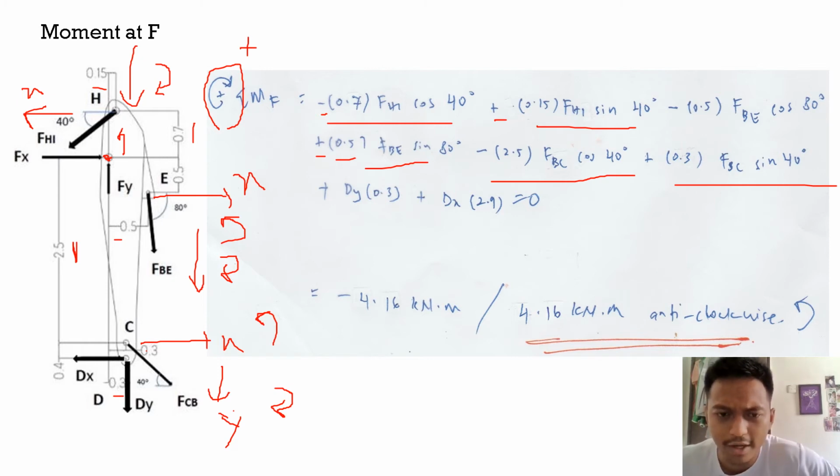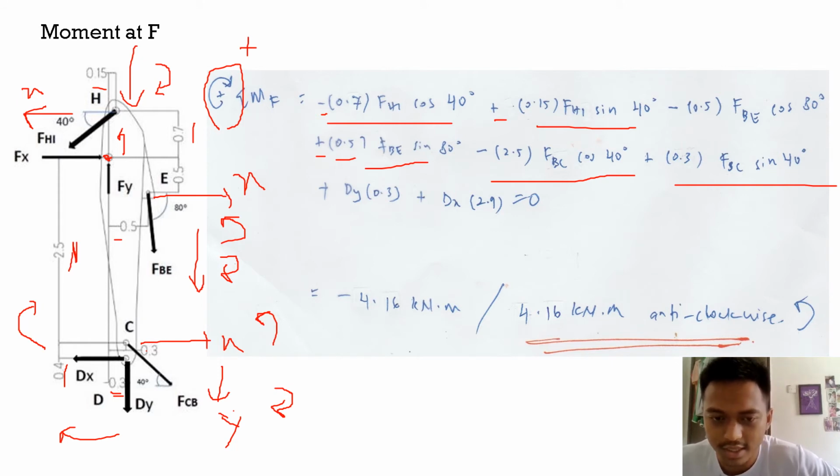For the dy, dy is going to rotate clockwise, so plus dy times 0.3 here. Okay, then for the dx, the dx also has a tendency to rotate in the clockwise direction, times the distance 0.4, plus 2.5, and equal to 0.